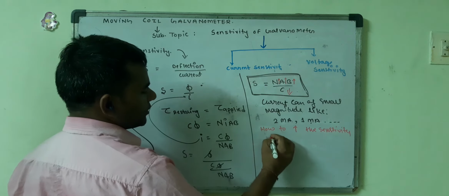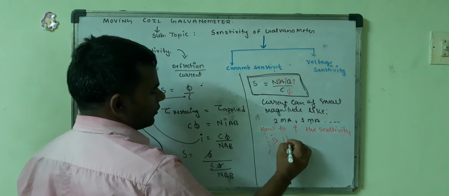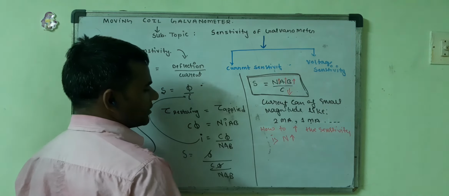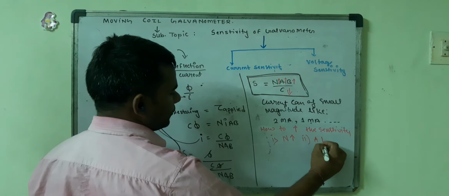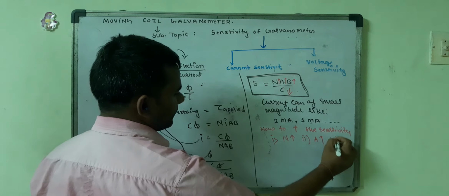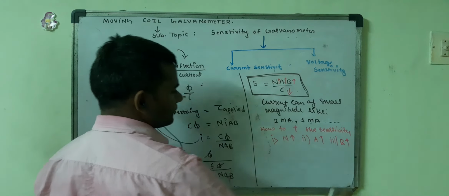So how to increase? First, increase the number of turns, sensitivity will increase. Second, increase area of the loop. Third, increase magnetic field.